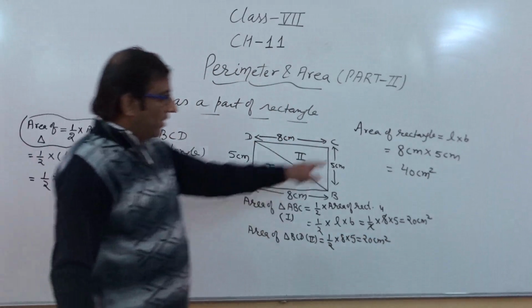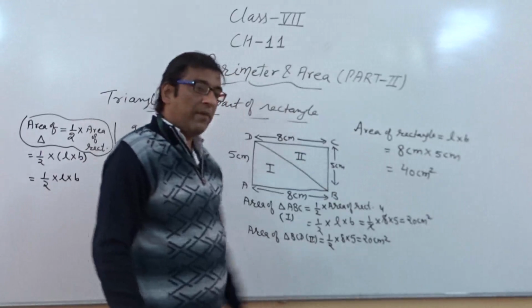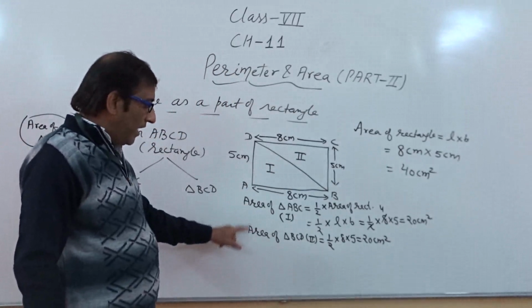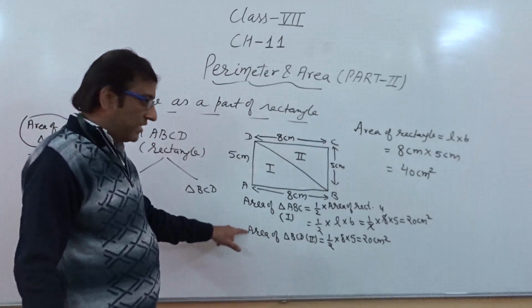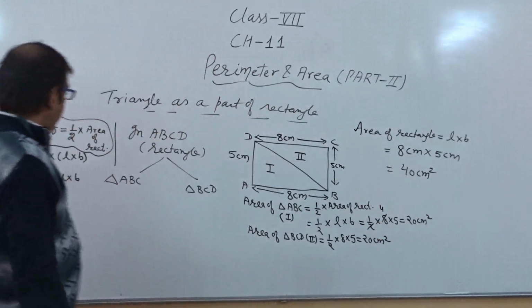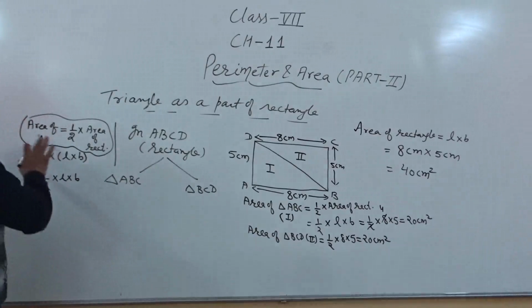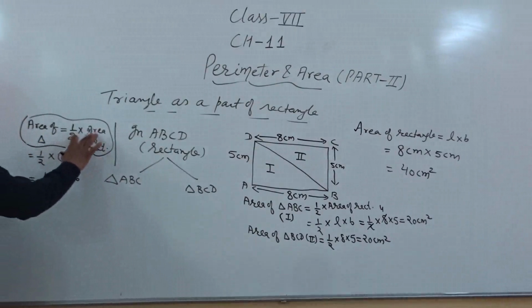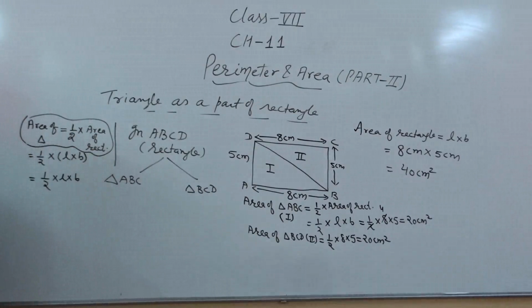As you see, the area of rectangle is 40 centimeter square, and if we add both triangle areas, it is 20 plus 20 centimeter square. It means area of triangle is half into area of rectangle.